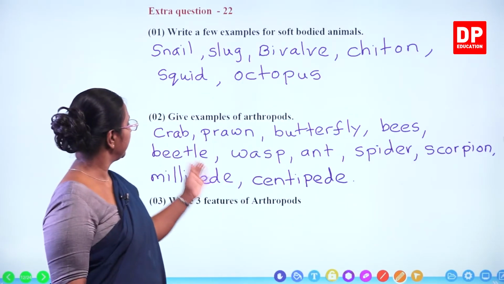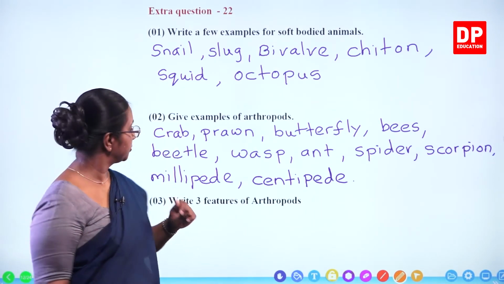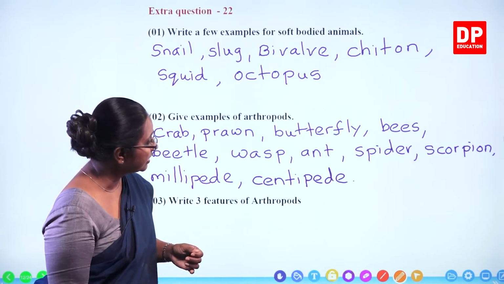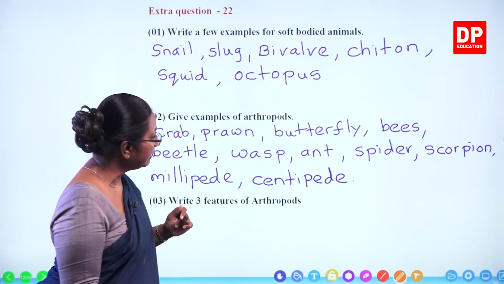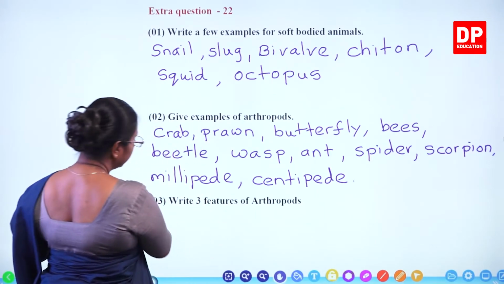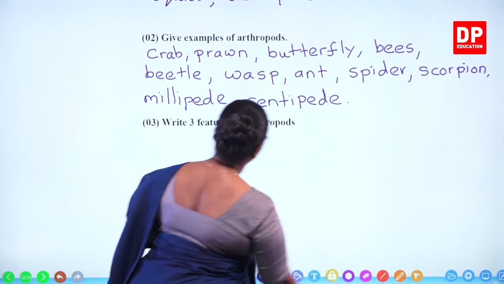So these are some examples of arthropods. So different examples.